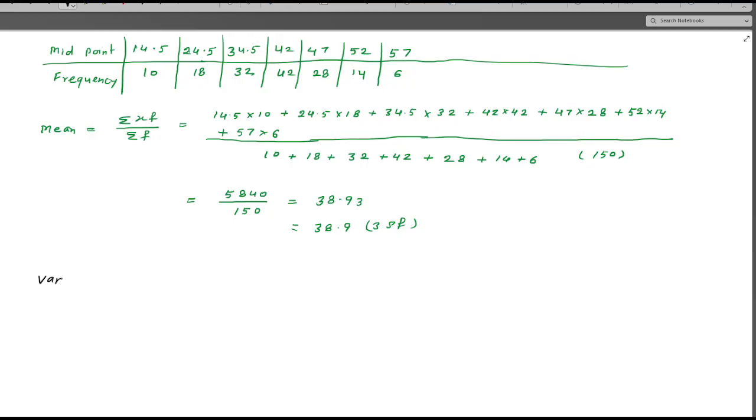Variance, which is indicated by sigma square, is equal to summation of x square f divided by summation of frequency, minus the mean square. This mean we represent with the symbol mu. This is your variance.